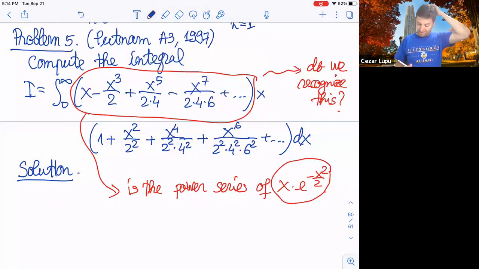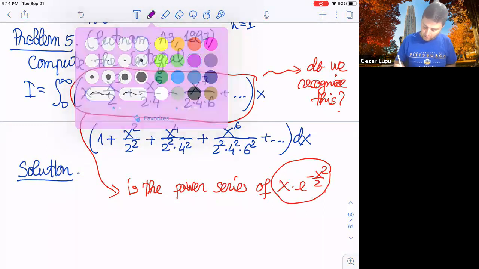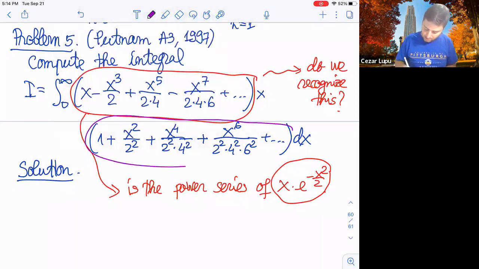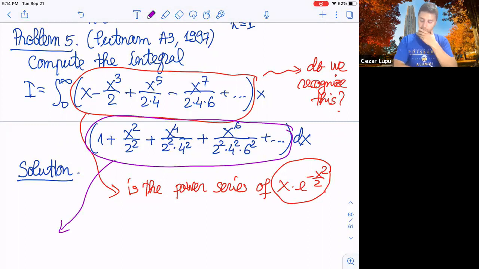Let's see, do you recognize something in the second parentheses? Let's look at it carefully. So this guy here is nothing else than, what is this?